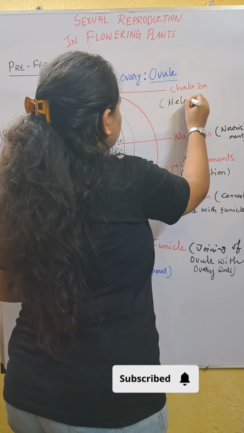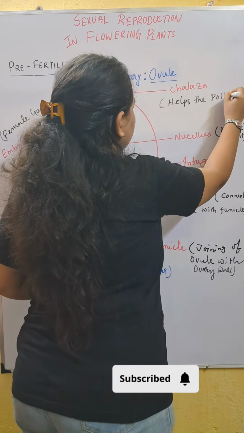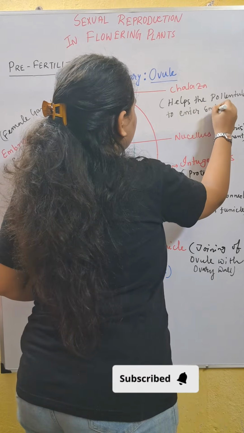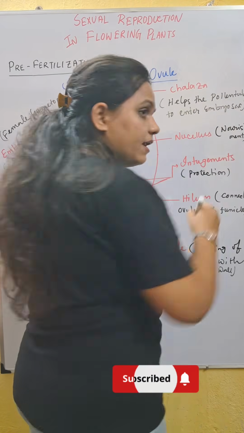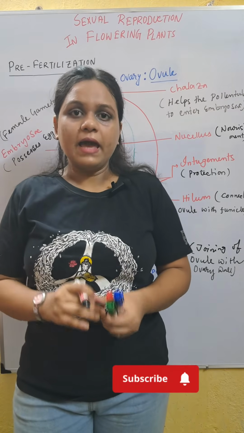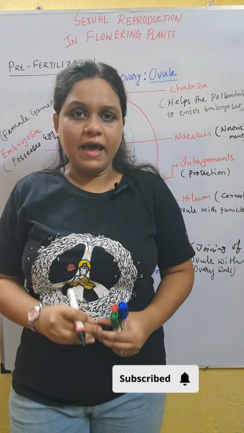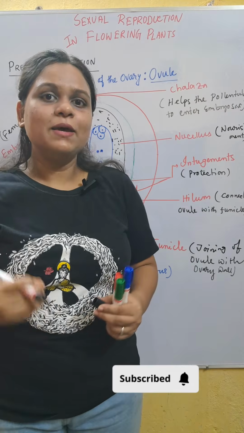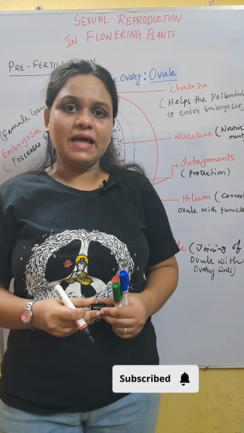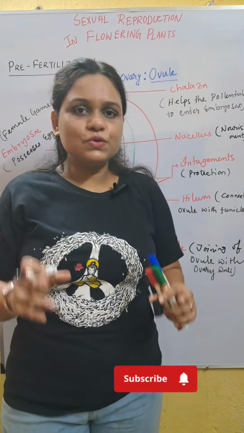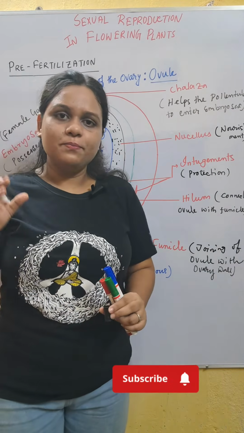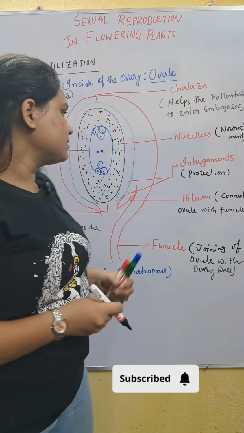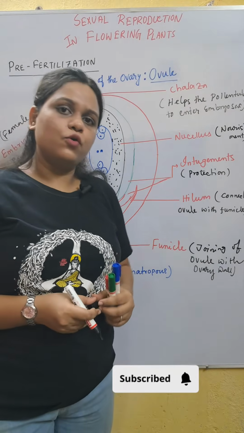When the pollen tube enters from the chalaza, it is known as chalazogamy. But when the embryo sac is penetrated from the micropyle side, it is known as porogamy. So there are two main types of entry of the pollen tube, chalazogamy and porogamy.